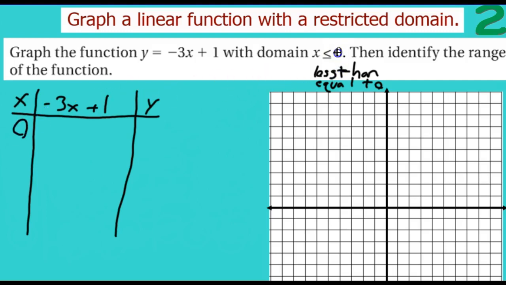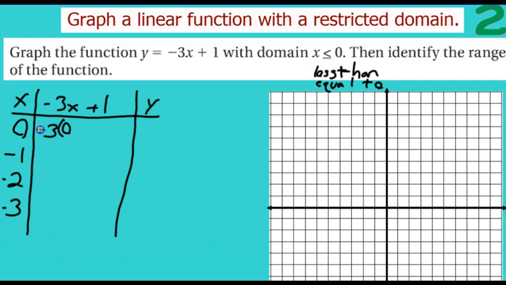Now what numbers are less than 0? Well, those numbers that are less than 0 are our negative numbers. So -1, -2, and -3. Let's try this then. We put our 0 in for our x.